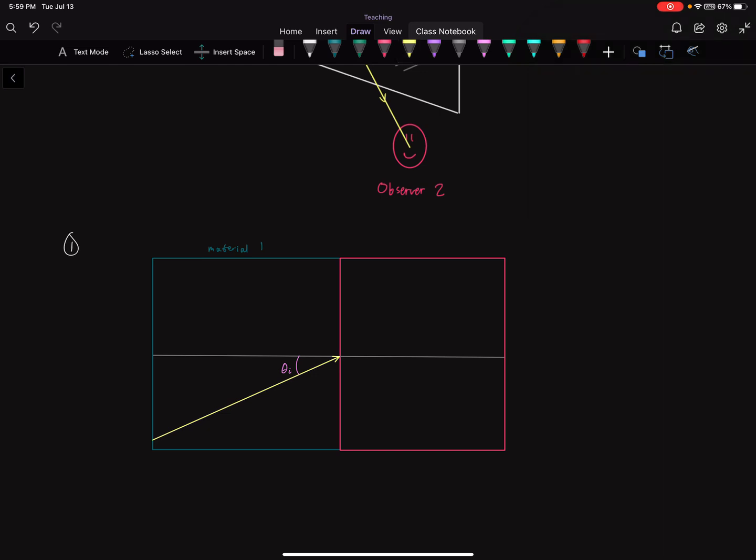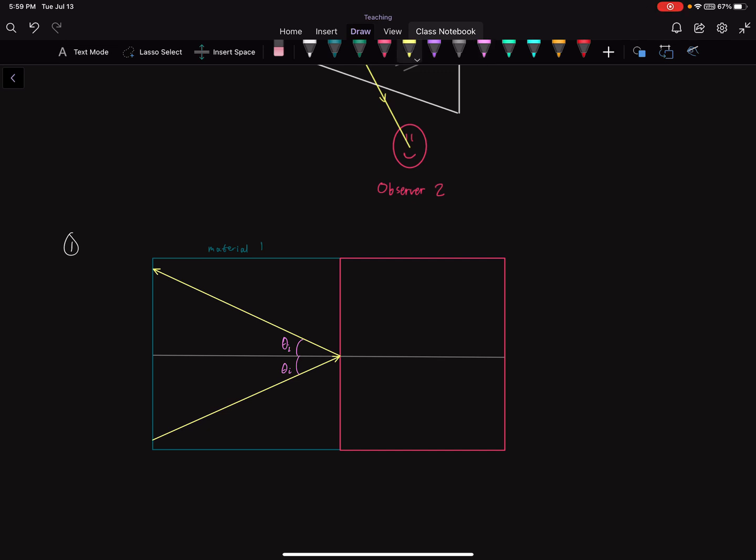And if we're looking at reflection, the angle of reflection equals the angle of incidence, such that this is also theta. I'll label it exactly the same, since it's exactly the same angle.